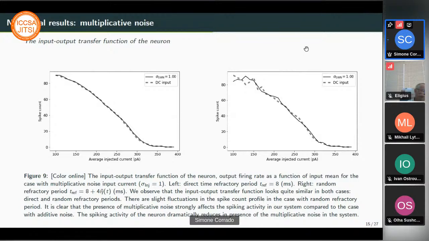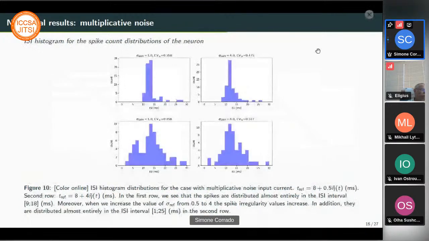In our opinion, everyone has to consider this type of situation because it is the most realistic. Again, visually, the interspiking interval histogram gives you some idea in terms of distribution and spike irregularity values when they increase for specific intervals and so on and so forth.